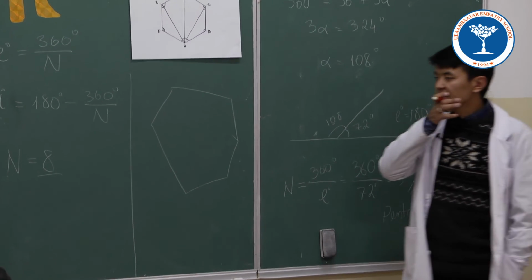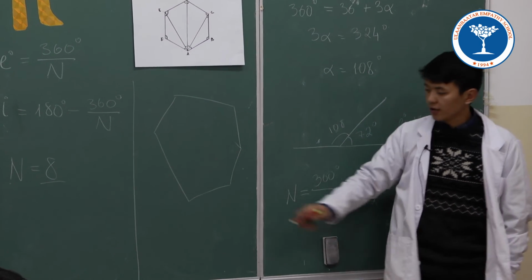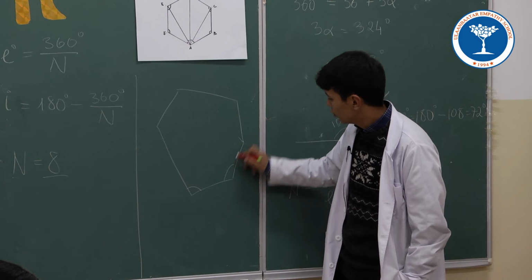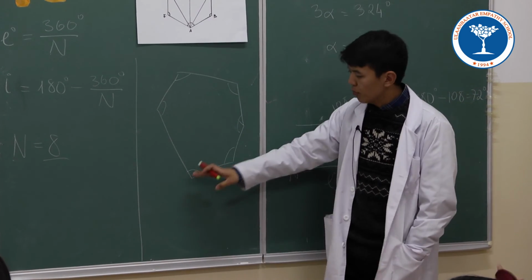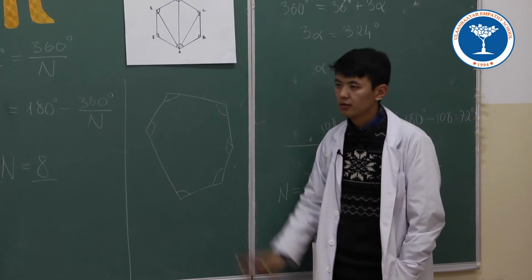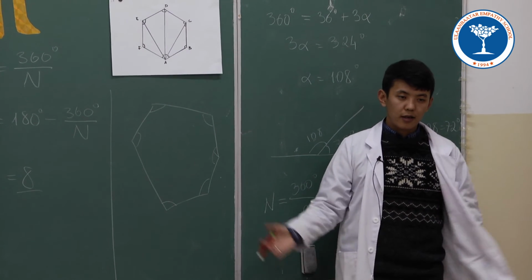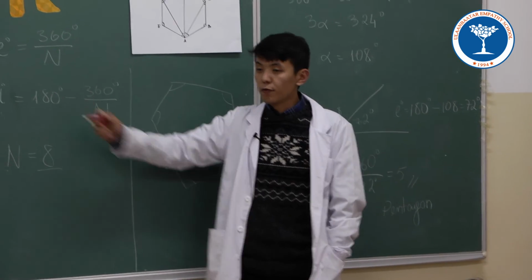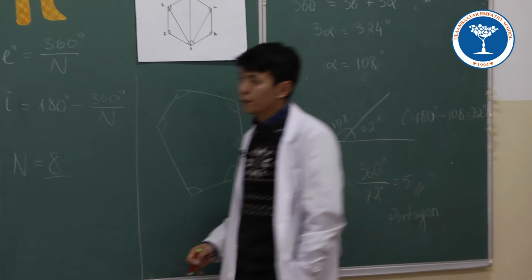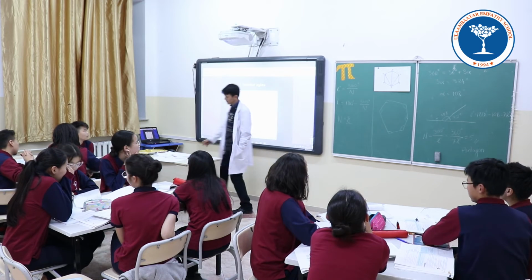Now, if I say find the sum of the interior angles, what will you do? You should measure every angle one by one and sum them up, yes? Because you can't find it with a formula. But fortunately for you, there is a formula for that.